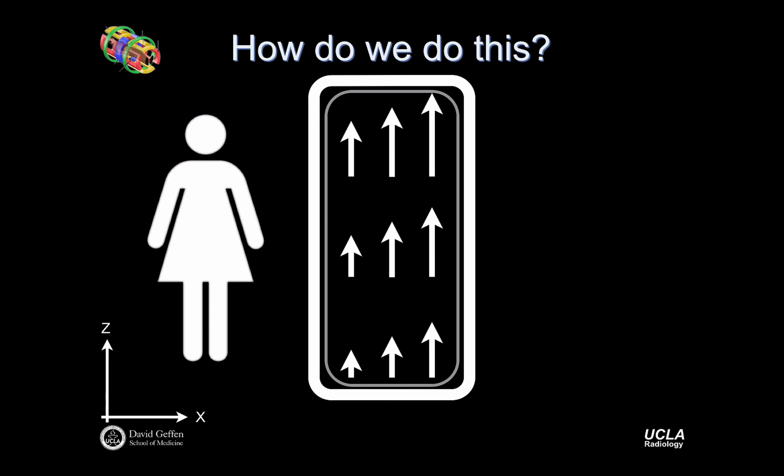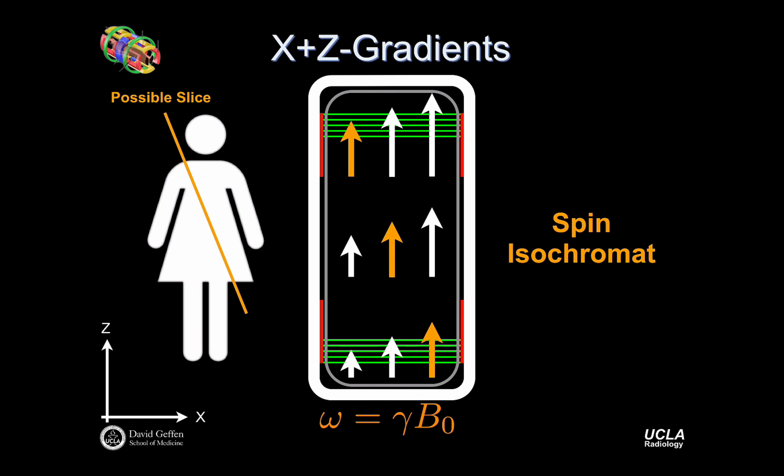Right. So again, from, say, foot to head, you can see the vectors that represent the magnetic field strength are getting larger. The interesting thing for this example is if you look along this diagonal, right? So, yeah, you can turn this on. If you look along that diagonal, you'll have a set of spins that have the same precessional frequency, right?